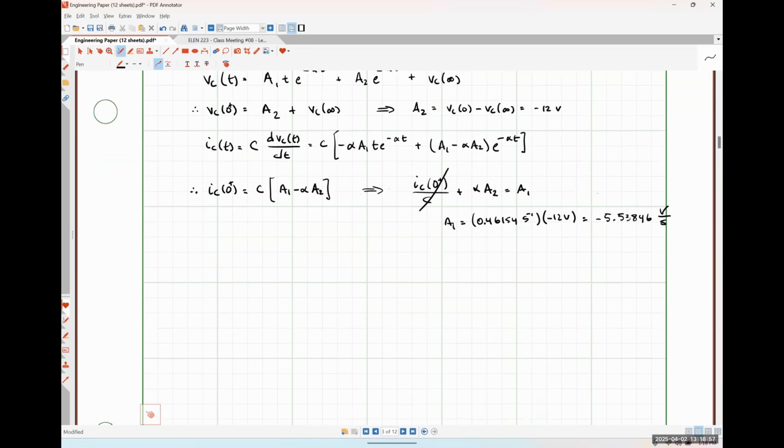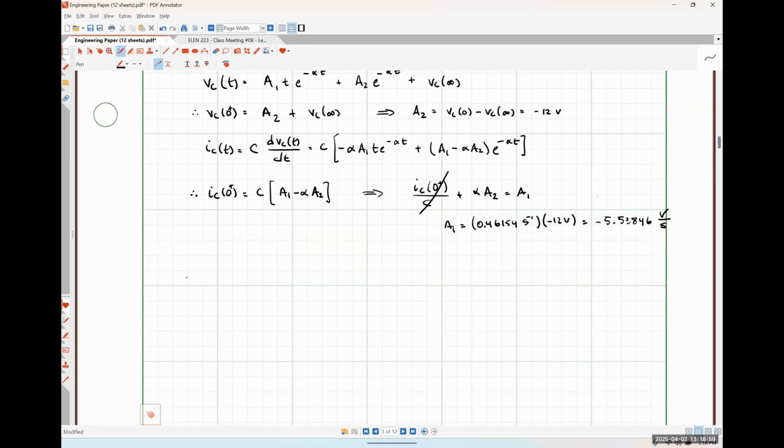So for what it's worth, from this, we could then say that the voltage drop across our capacitor is going to be negative 5.53846 t e to the minus 0.46154 t plus A2, which was negative 12.